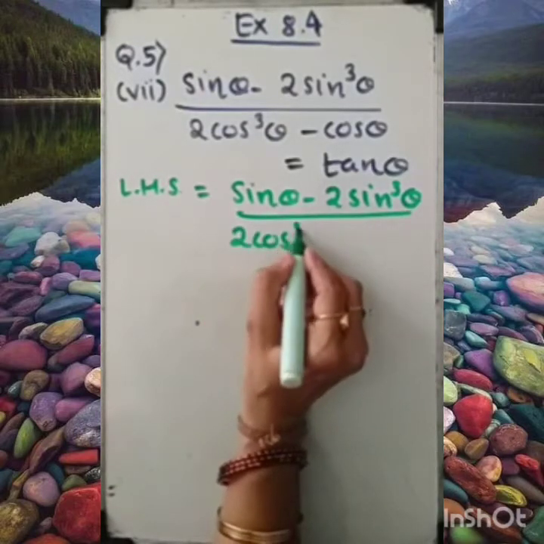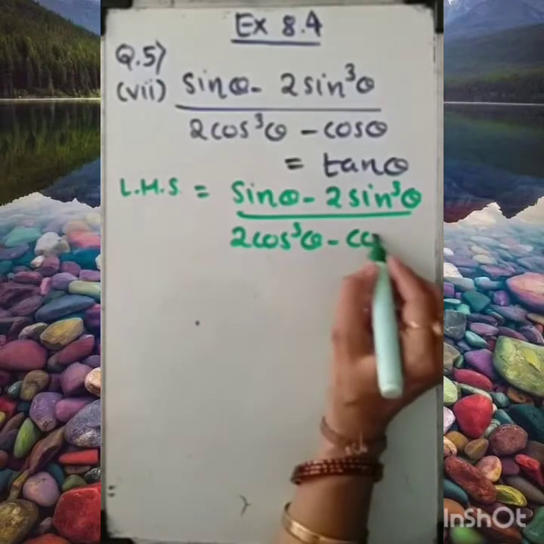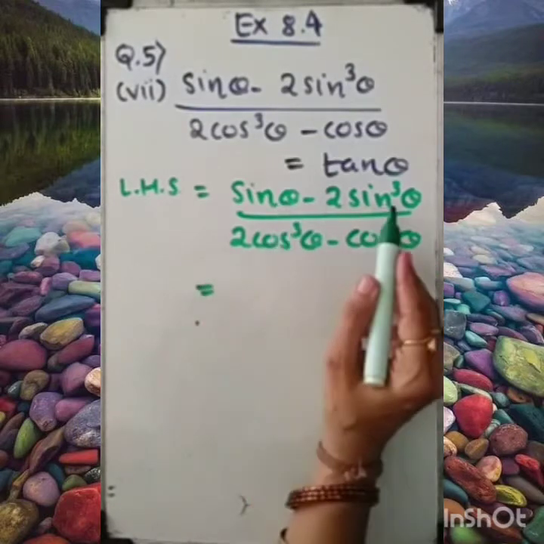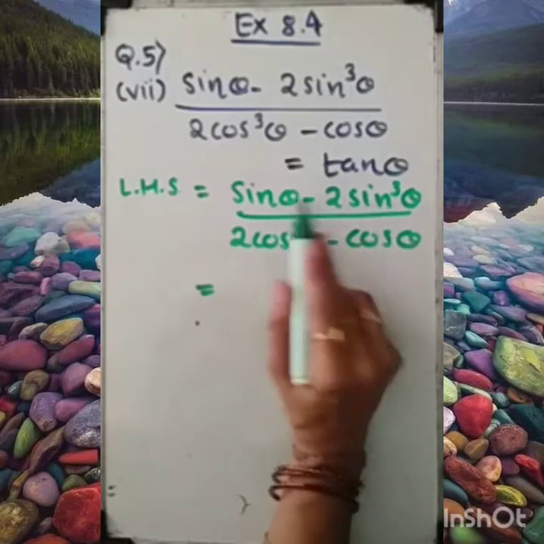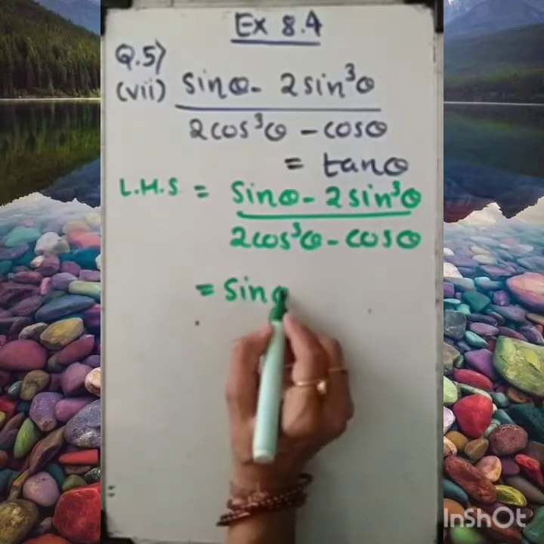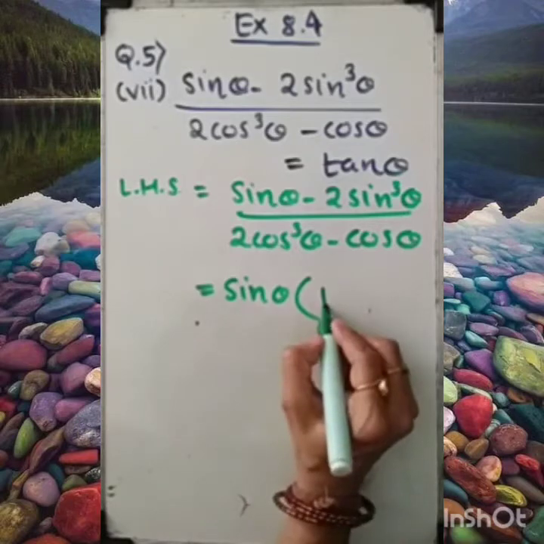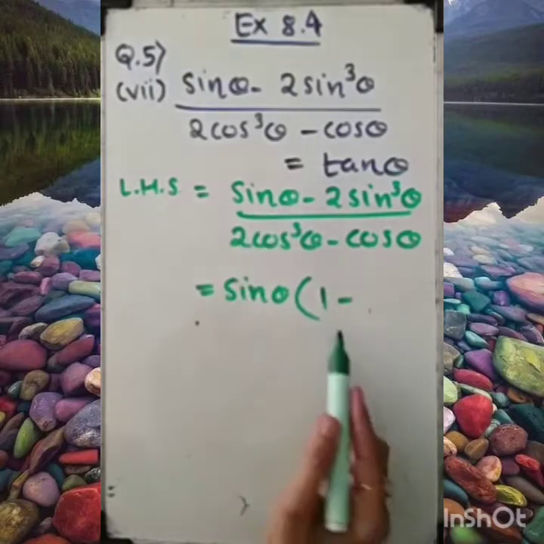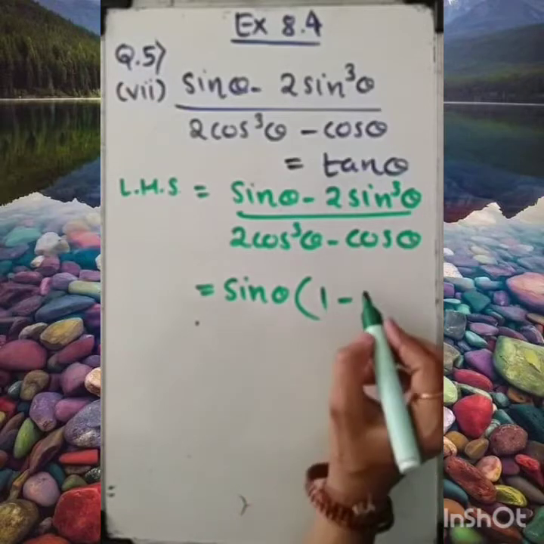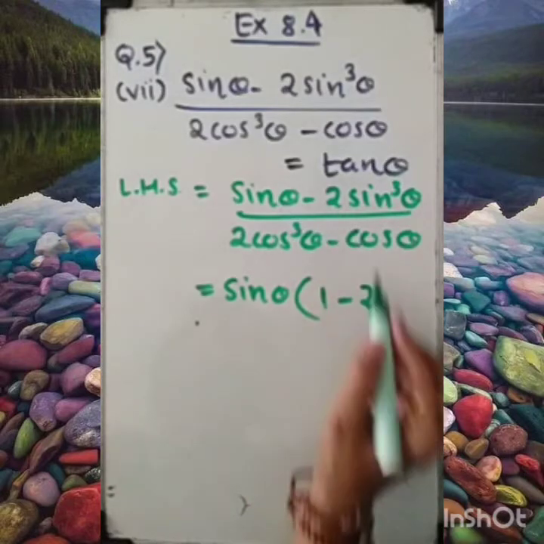Something should be common from numerator. You can see here sin theta is present in both of the terms. So let me take out sin theta common. Then here nothing will be left, consider always 1. And here 2 will be left.